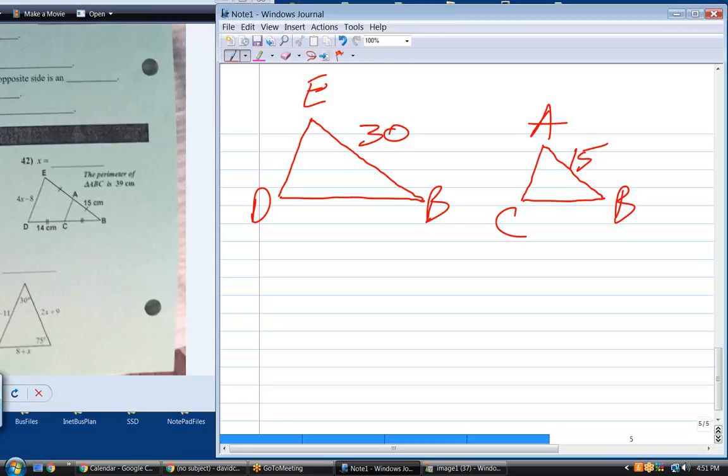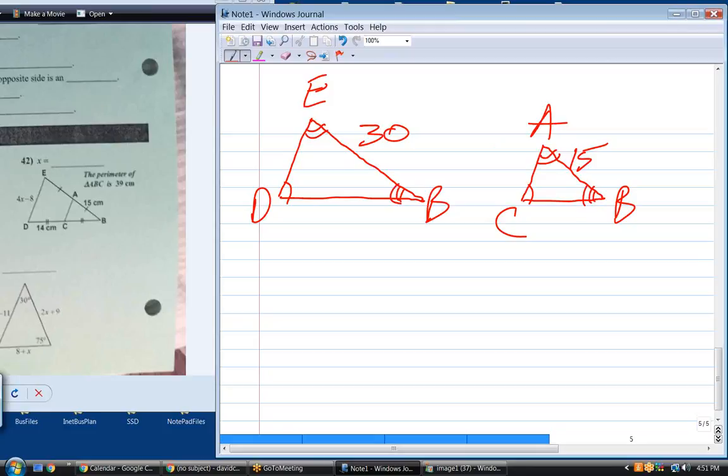15 to 14. Always make sure you're measuring similar sides. I know that angle D is the same as angle C in my similar triangles, and angle E is the same as angle A, and B is the same as itself.